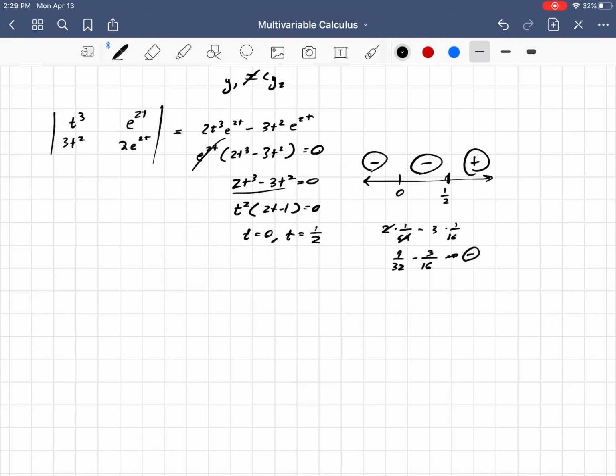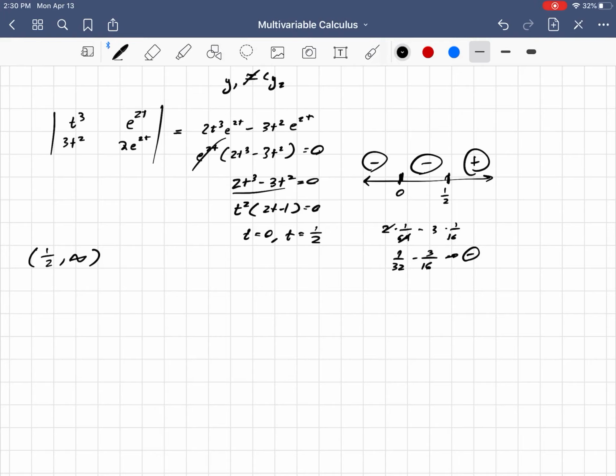Why did I construct this sign chart? I constructed it because what we can now conclude is that it's 0 at exactly 1/2, and at 0 as well.